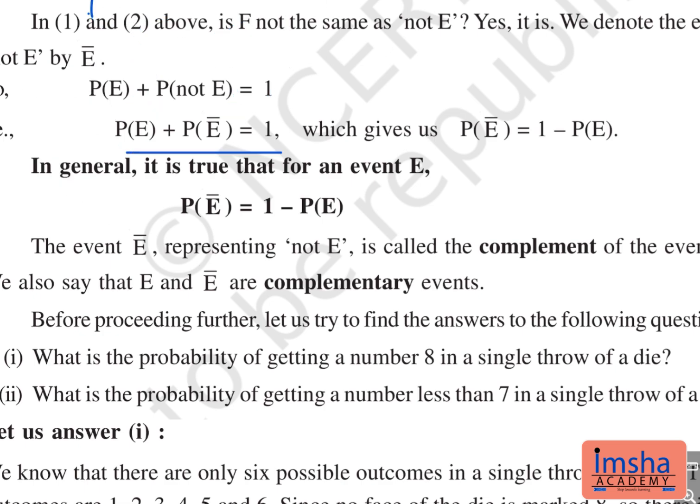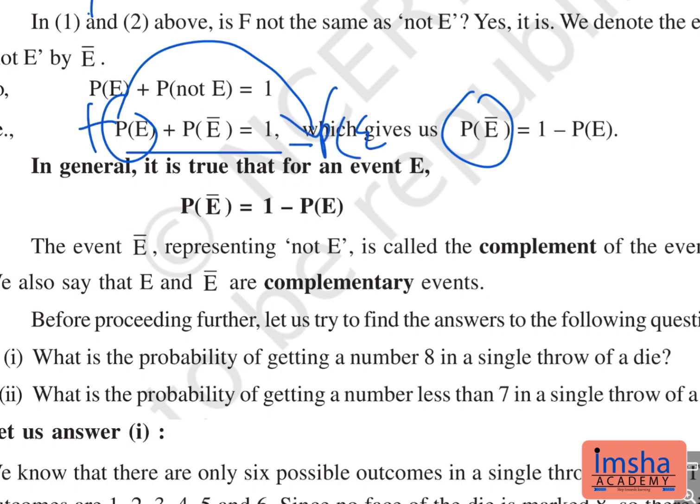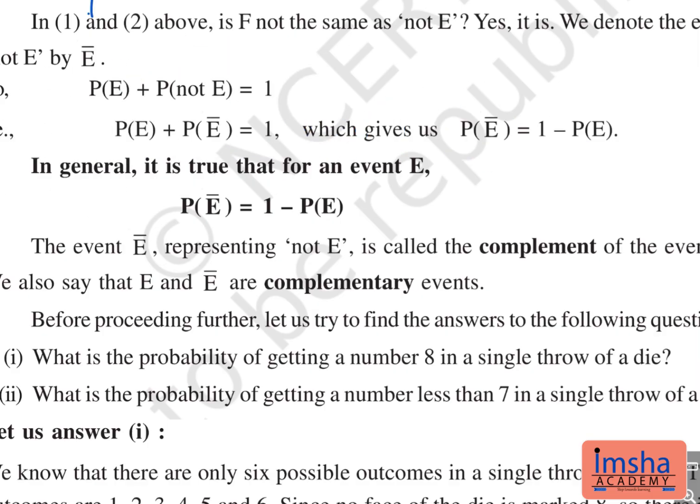So we can say that probability of not happening the event is equal to 1 minus P of E. We have taken this P of E to the right-hand side, so this plus will become minus P of E.